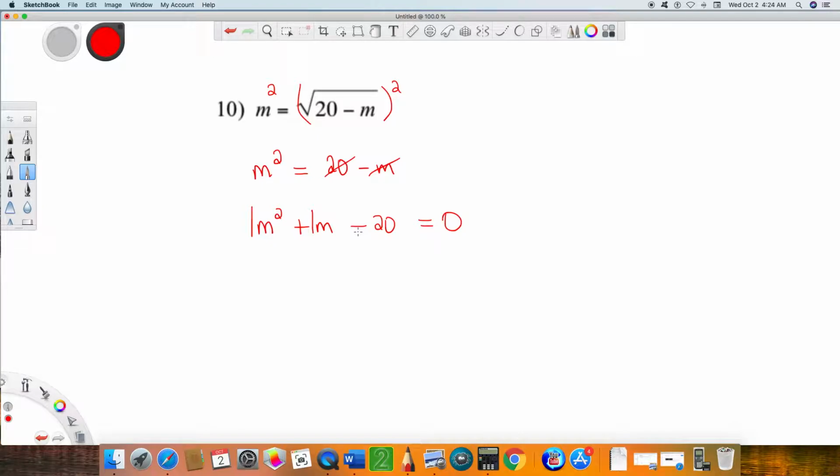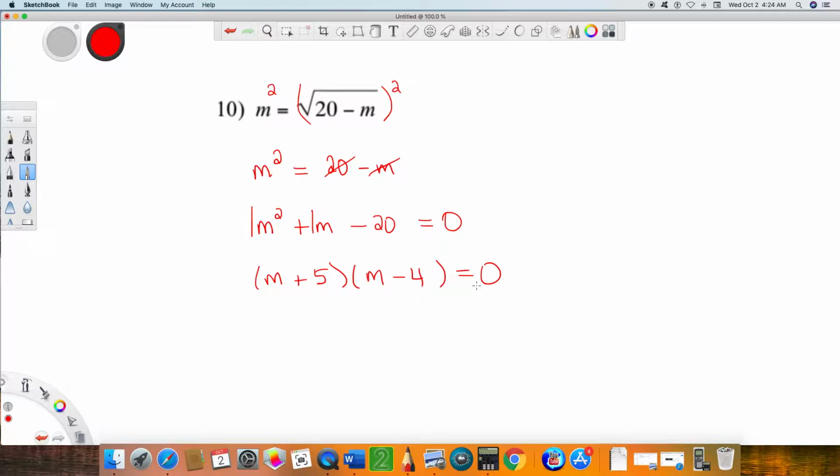So negative 1 times a positive 20 definitely gives us negative 20, but it adds up to 19. It doesn't add up to 1. So there's no way that negative 1 and 20 are what we're looking for. If you try negative 2 and 10, that adds up to 8. But then when you try positive 5 and minus 4, it works.